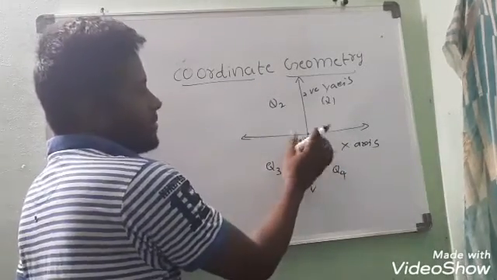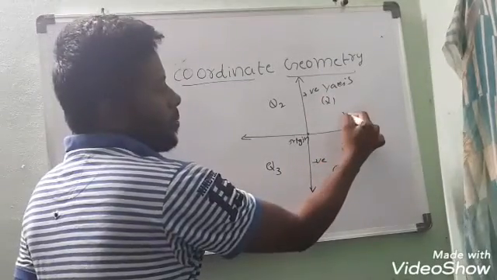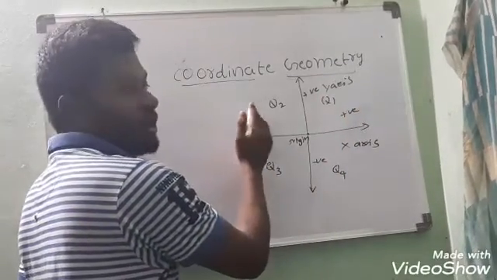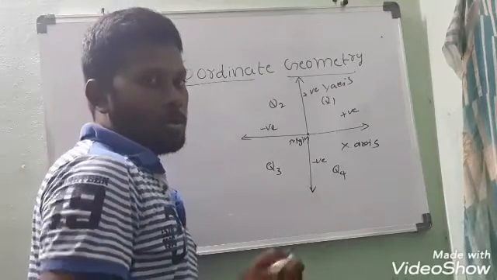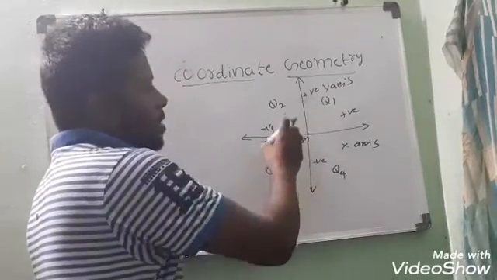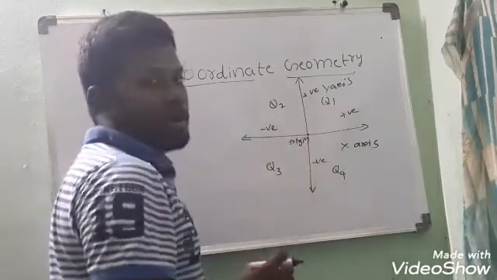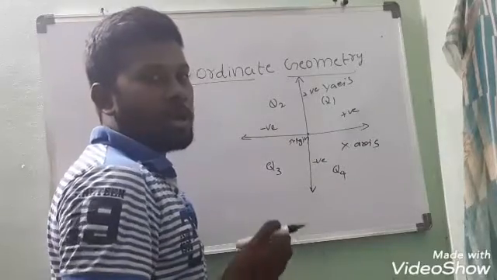Coming to the x-axis, the right part is positive, the left part is negative. So on these four quadrants we will have to take the coordinates.